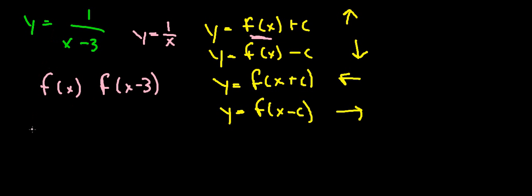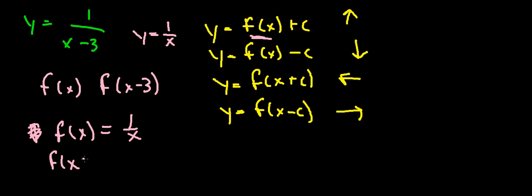So if, instead of writing it in y form, we wrote it in function notation, it's like we said f of x is equal to 1 over x, and then we said f of x minus 3 is equal to 1 over x minus 3.